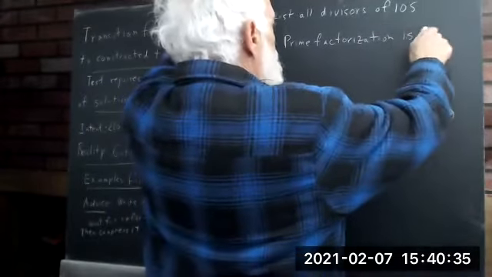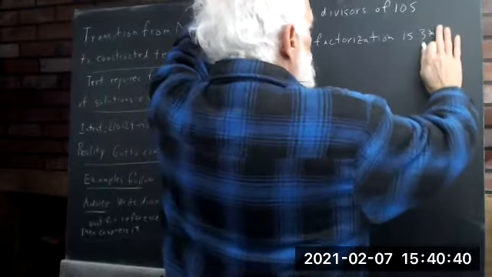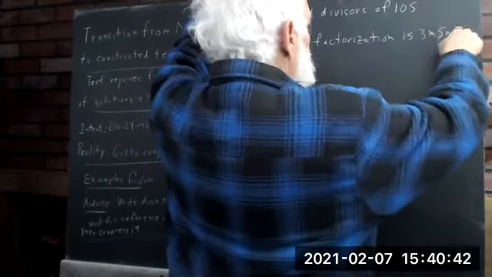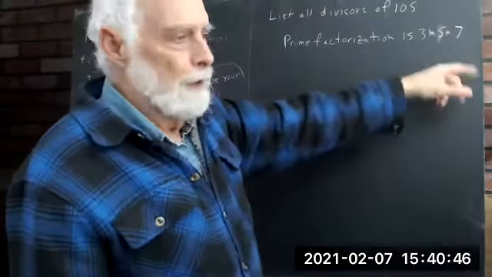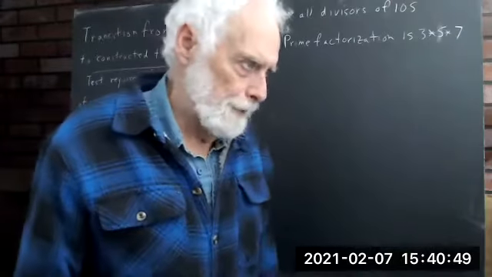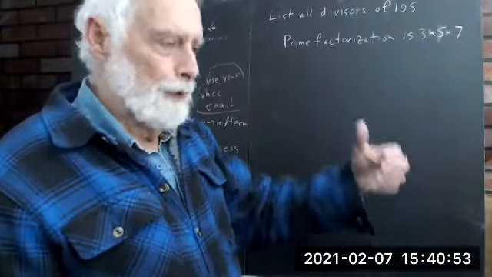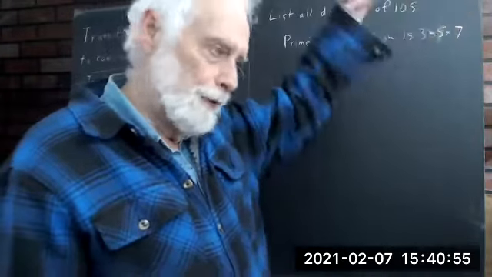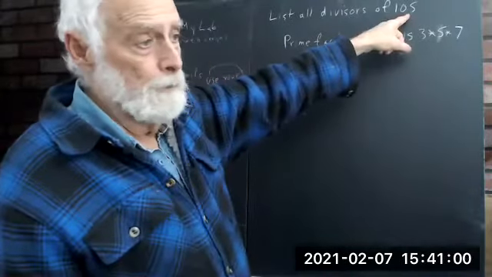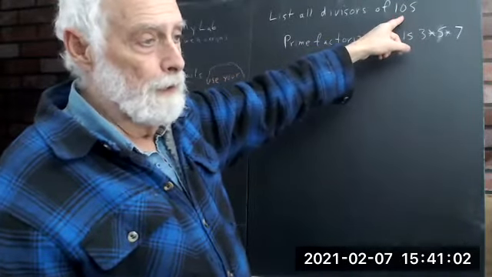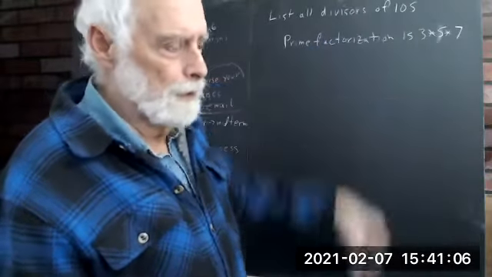Now, I'm not going to go through the details of doing a prime factorization. Actually, I want to put these in order, 5 times 7. But prime factorization is 3 times 5 times 7. What you do is, the first few primes are 2, 3, 5, 7, 11, 13, 17, 19, 23, 29, and so forth. You start trying to divide 105 by 2. Well, obviously 105 is odd, 2 is not going to divide it.